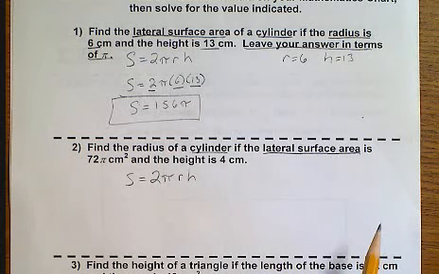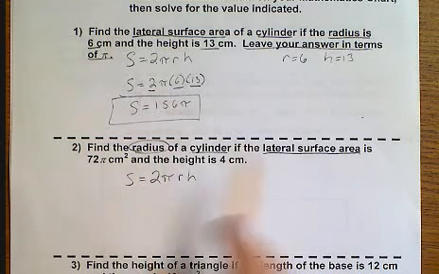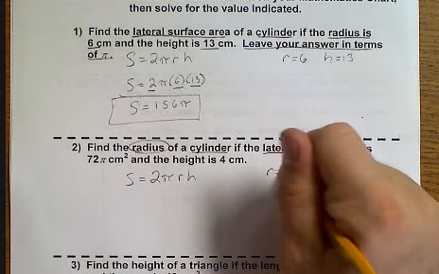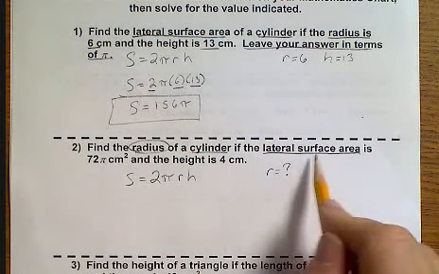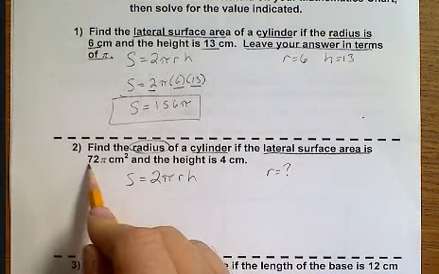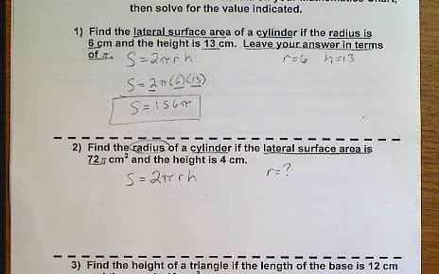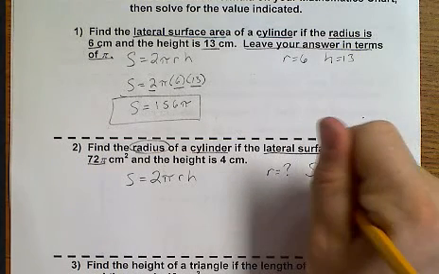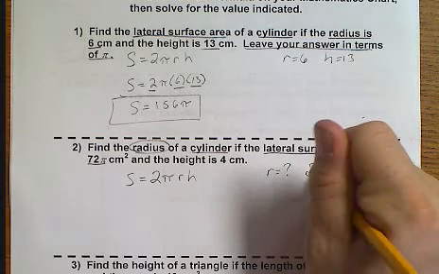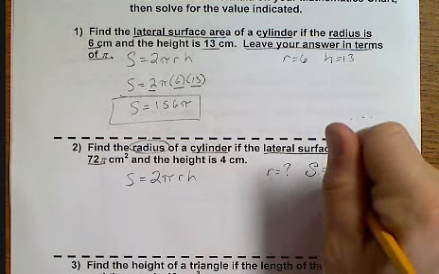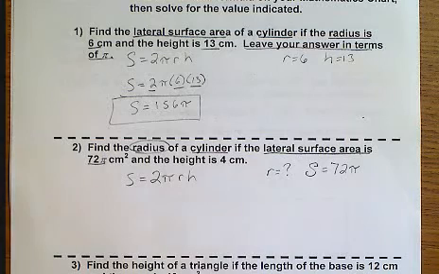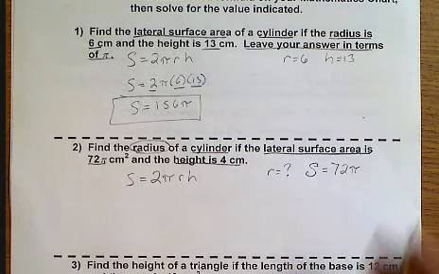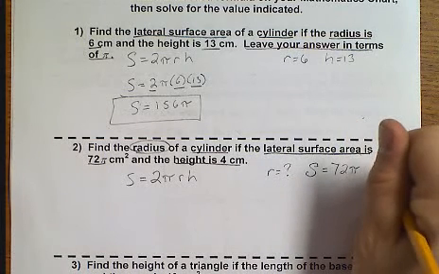This time we're trying to find the radius, so we don't know what the radius is. It says the surface area is 72 pi. So S equals 72 pi, and the height is 4. So H equals 4.